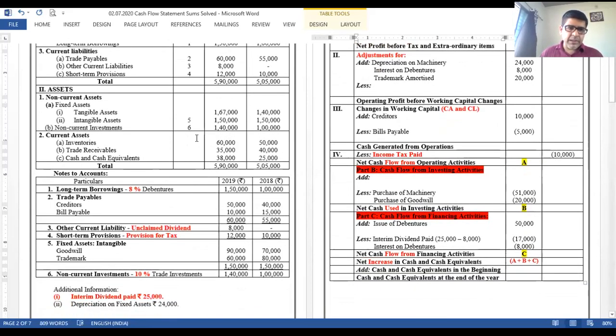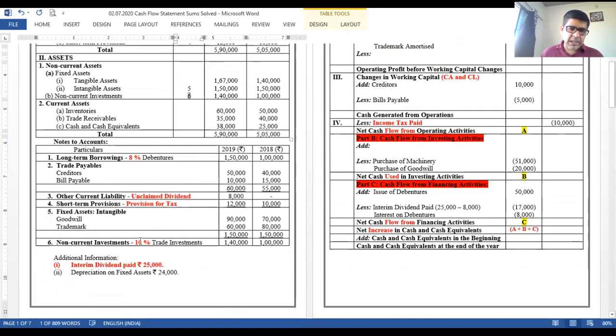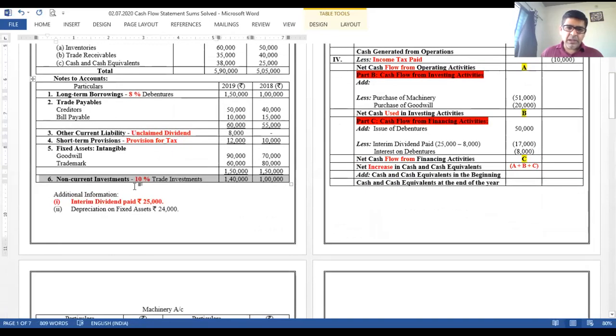Moving ahead, after intangible assets, non-current investments, right? Non-current investments can be seen in note number 6. Note number 6 shows 10% trade investments. 10% again, the rate I have already marked with red. Please don't miss out these things. 1 lakh to 1 lakh 40 is the amount.